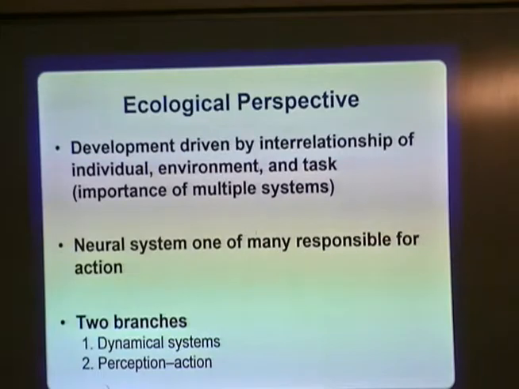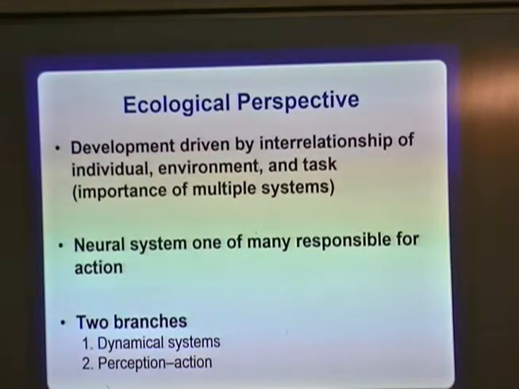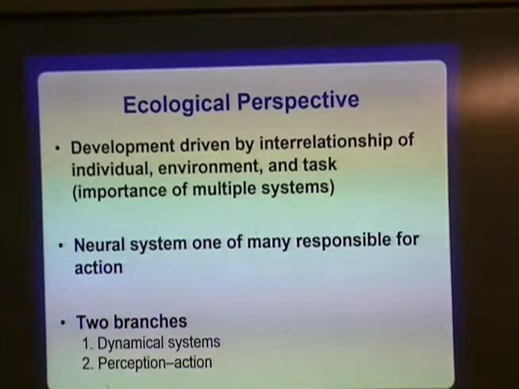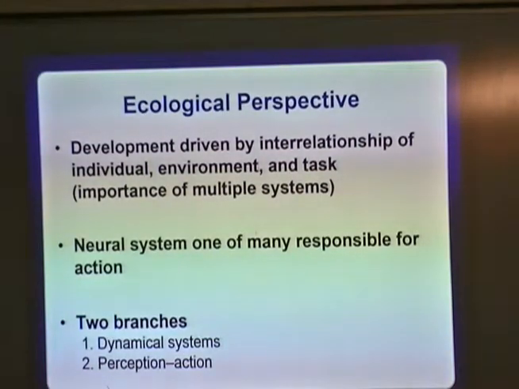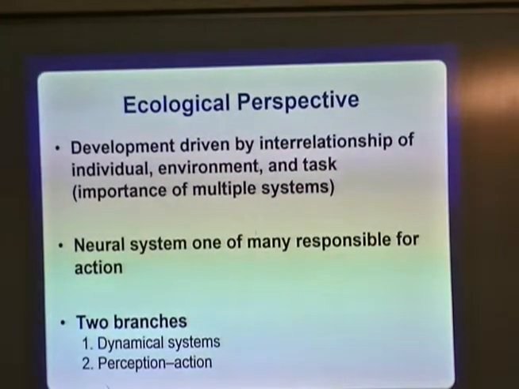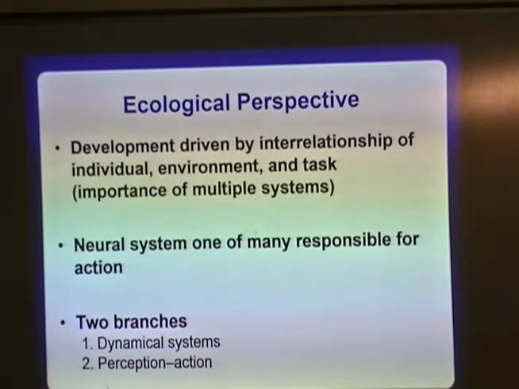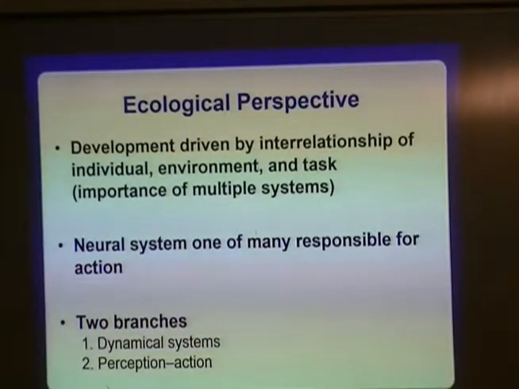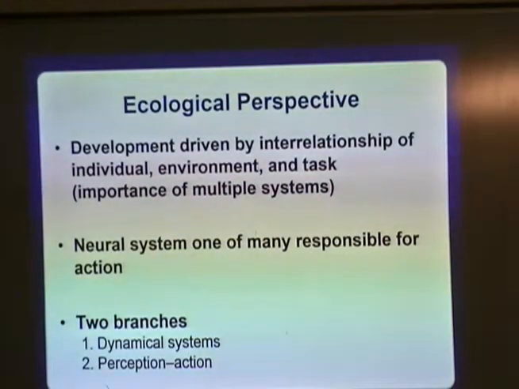So theories that are under the ecological perspective believe that development, movement, what we see happens driven by the relationship and the interaction of the individual, where they're doing something, remember, and the what they're doing, the task. So it highlights the importance of multiple systems within the individual. Right? Lots of things are important in what we see occur.